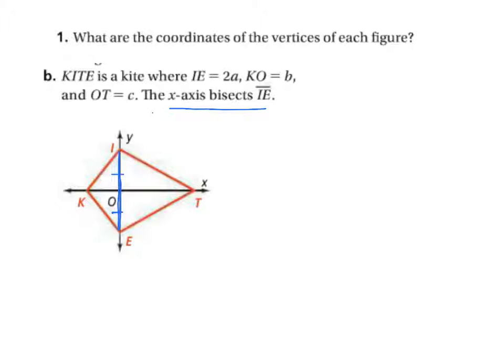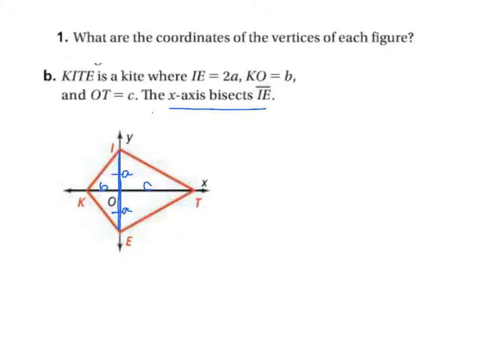And if it was 2a, then this length is a and this length is a. There's your 2a. KO, this little segment here, is b, and OT is c, because those are obviously not the same length, so those are different measurements.